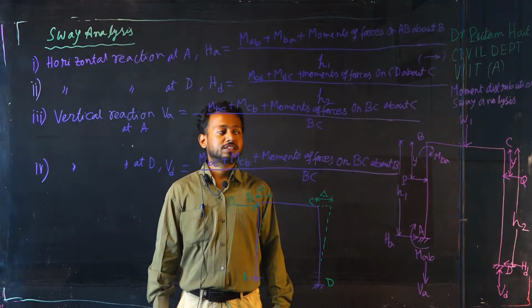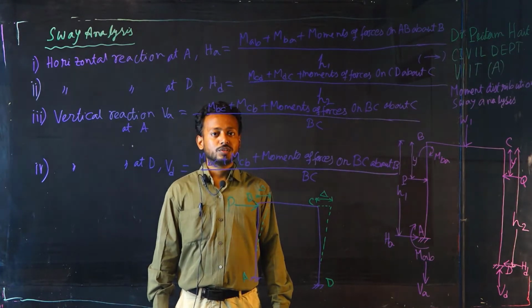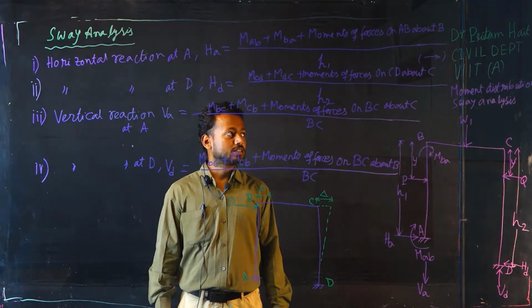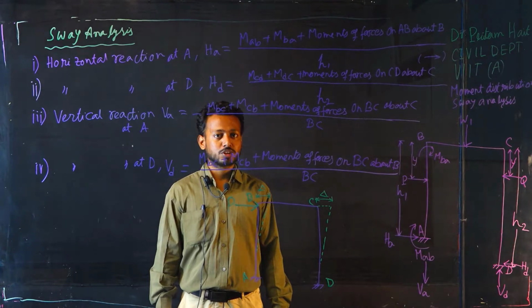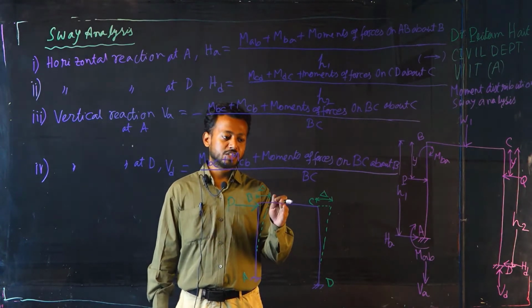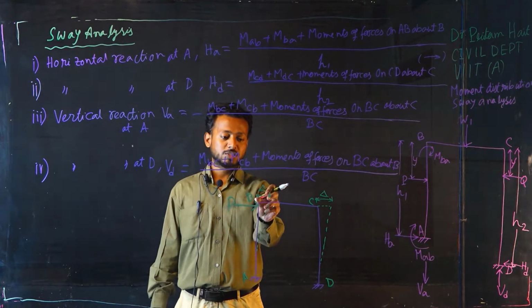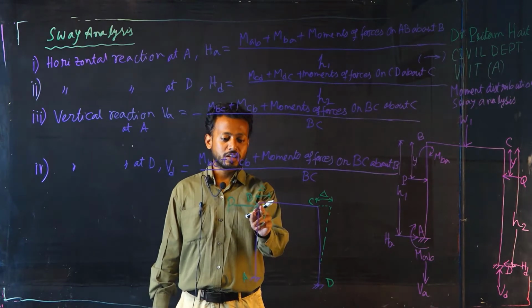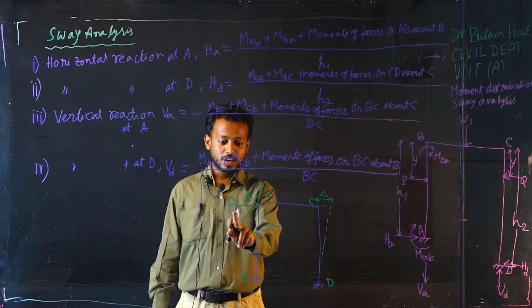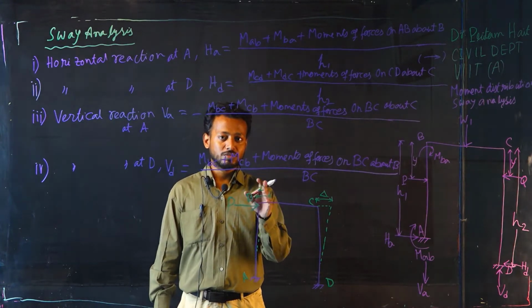So today I will discuss the moment distribution of a portal frame. While discussing the moment distribution of a portal frame, the frame may deflect from its initial position due to the horizontal load. This displacement is occurring due to this horizontal force, and this phenomenon is called sway of the frame.